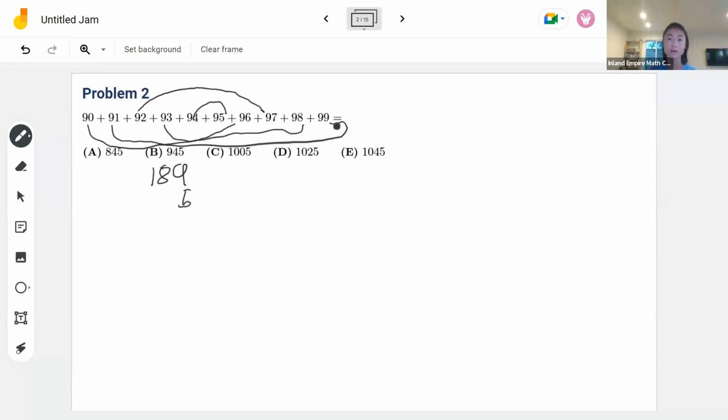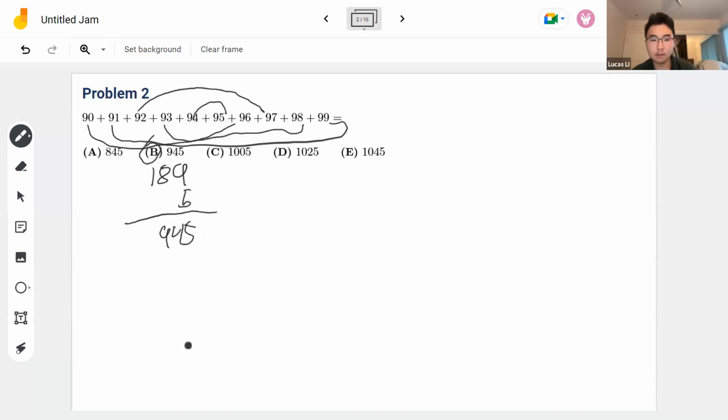You don't have to go through and add everything up. We just added 2 numbers and then multiplied it by 5. Multiply this out. 45... 9. Huh? My bad. All right, and we have 945 for our answer, which is going to be B.